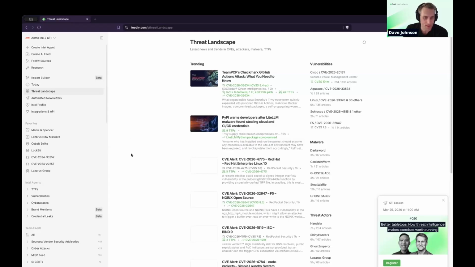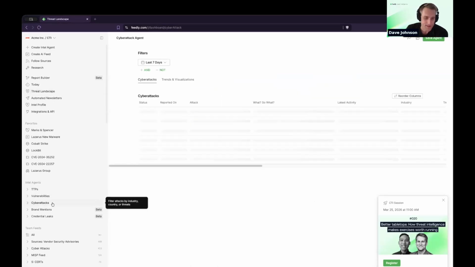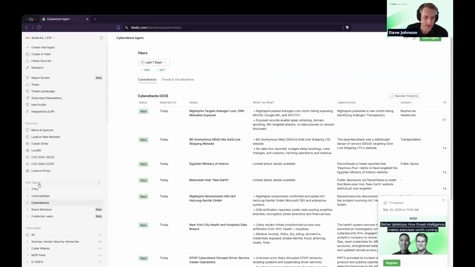But then we also have this concept of Intel agents. The Intel agents are a way for us to automatically search for things like TTPs, vulnerabilities, different kinds of entities that are key to cybersecurity. So we have an Intel agent for cyber attacks.